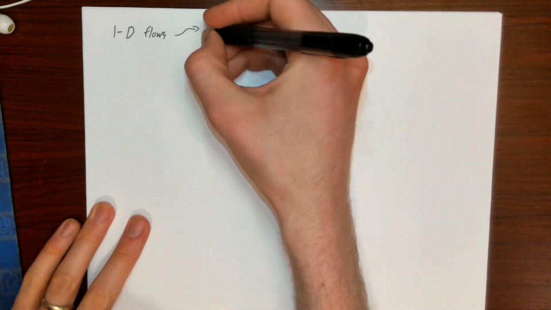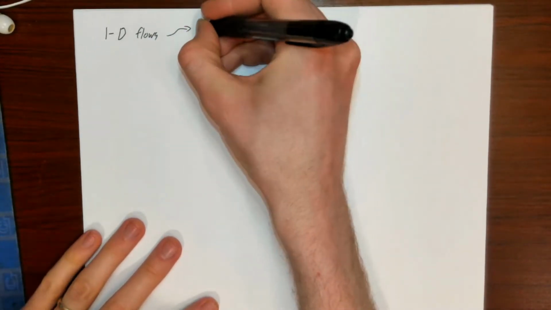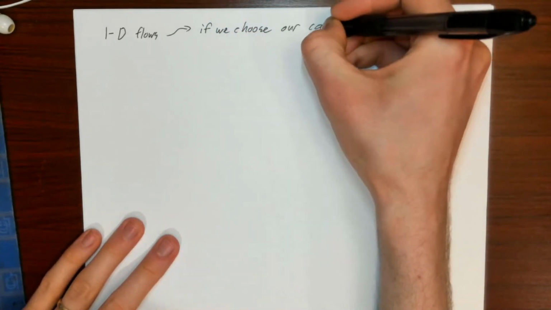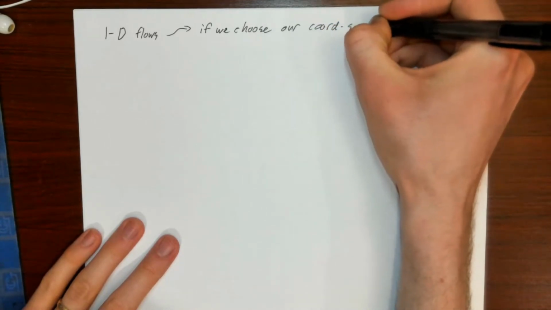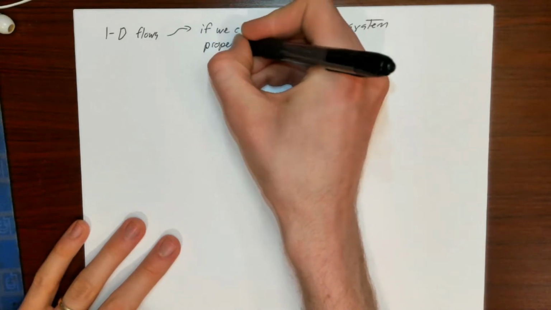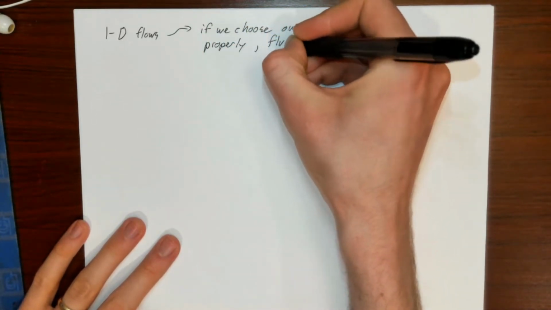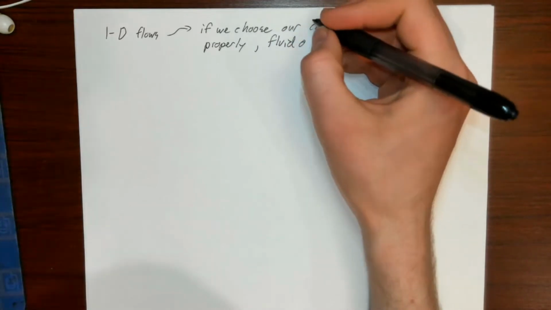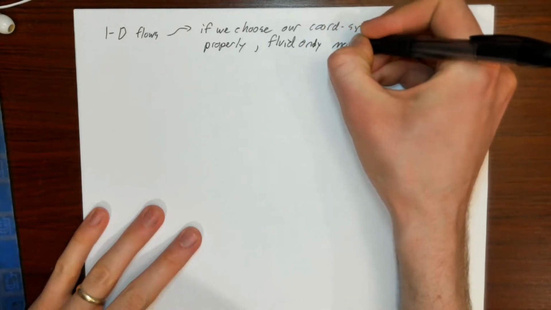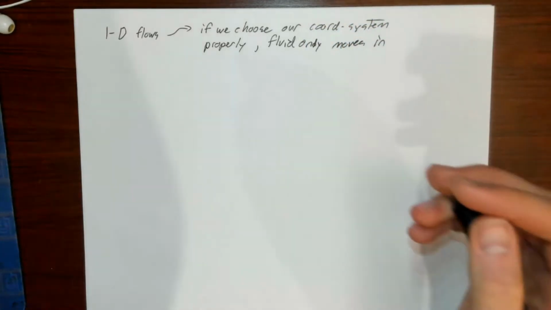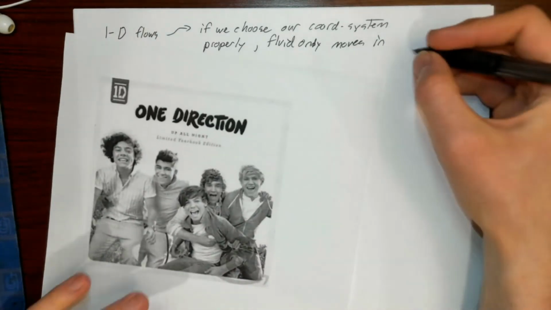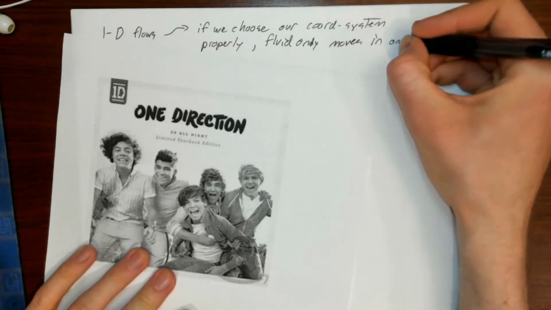One characteristic is that if we choose our coordinate system properly, fluid only moves in one direction. So fluid only moves in one direction.